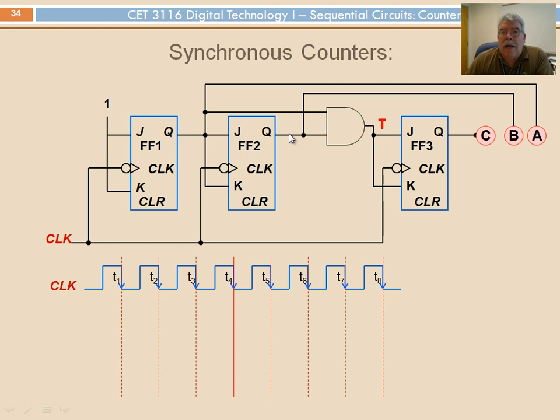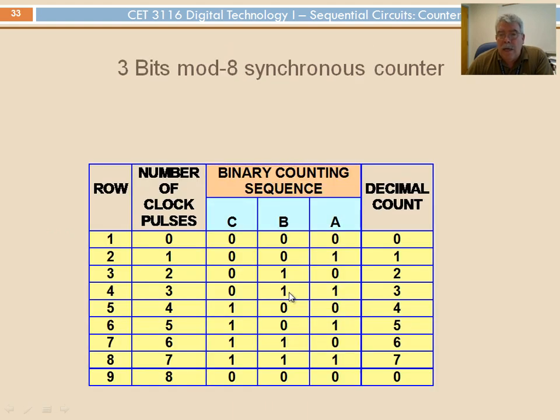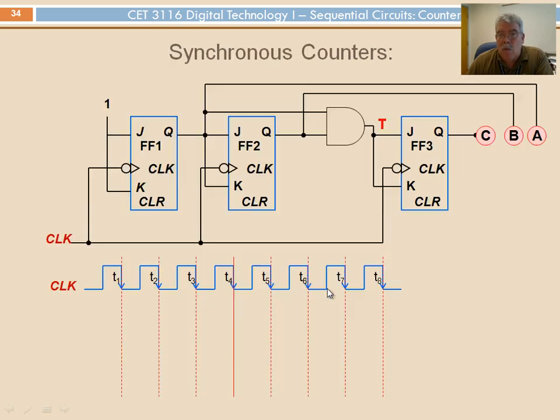So see, according to this, I want to change C whenever B and A both at the same time are 1. This is what I'm using this AND gate for. T, the point of interest here, will be 1 only when these 2 inputs, A and B, are 1.